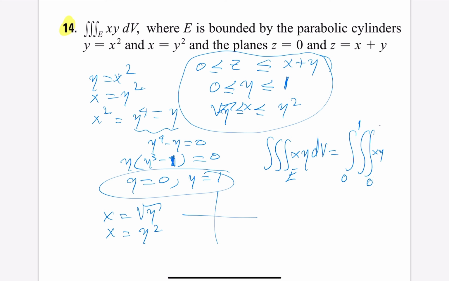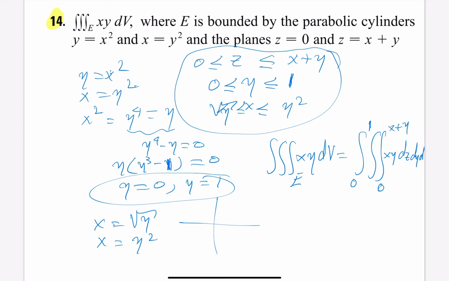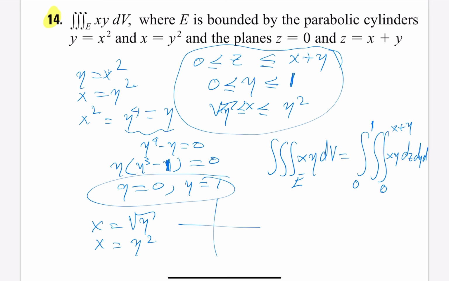The 0 to x plus y, z will come first. The second one is dy, and the last one is dx, I repeat. So then here the second one is 0 and 1. It doesn't matter, dx or dy, either one will work, but dz has to come first, and then you can keep going. Okay, you can solve it now. It's easy. Thank you guys.